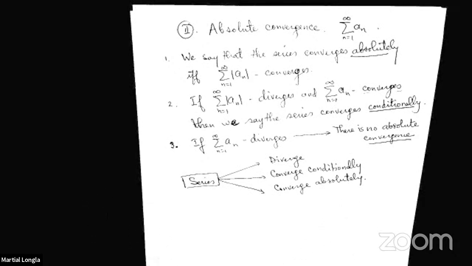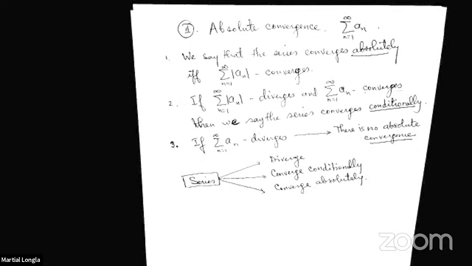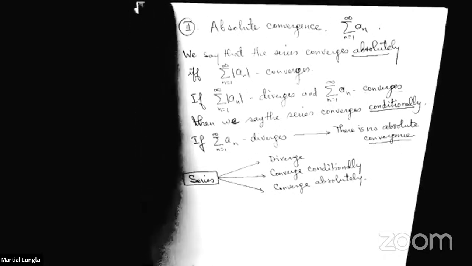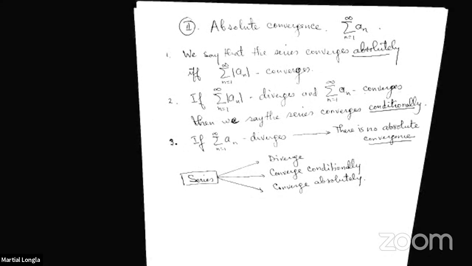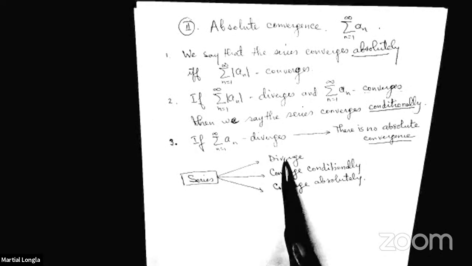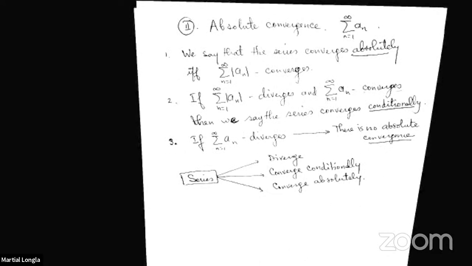So it's a deeper look at the series. Instead of just saying diverges or converges, we have three options now. If it converges, we're going to look into whether it converges absolutely or not. It can converge conditionally. It can converge absolutely. But once it diverges, it's over, it diverges.